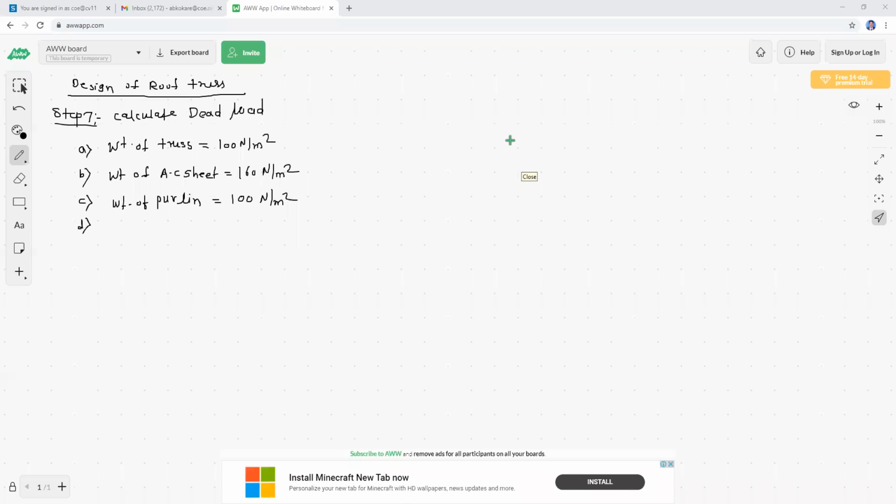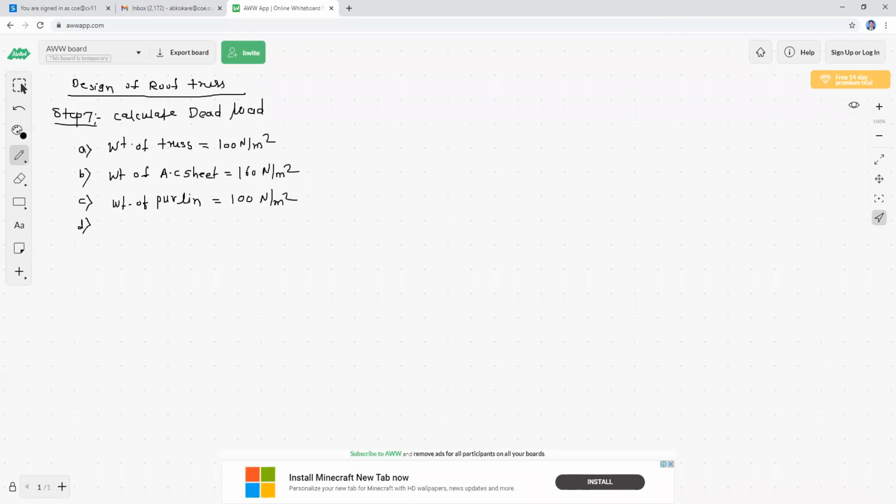Yes, Gaurav, you are saying 6 steps are remaining. Can anyone tell me? We have covered, I think, 6 steps total. What is step 6? I think we have covered inclined length of one panel.